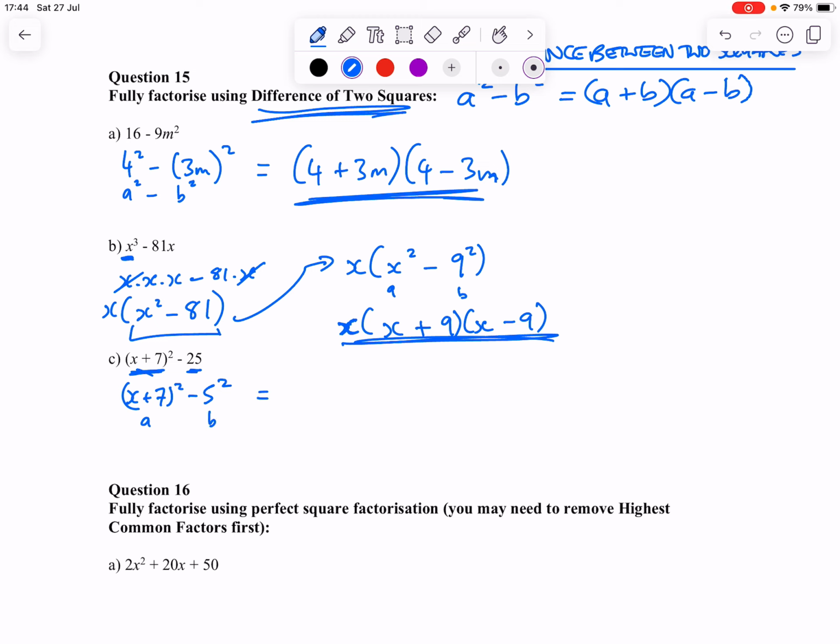So this factorizes to x plus 7 plus 5, x plus 7 minus 5. x plus 7 plus 5 is going to be 12. x plus 7 take 5 is going to be plus 2.